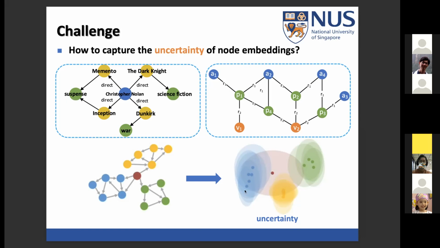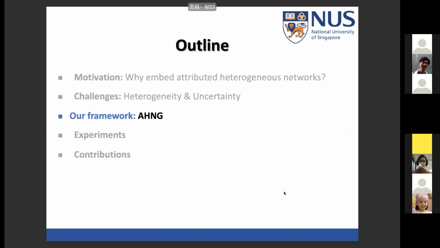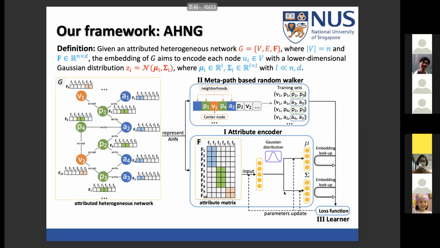So maybe Ruofan can complement it here. Mengyue, can you go to the framework slide? So if I understand correctly, each node will have an initial feature, right? And it will be projected into a lower dimensional space.